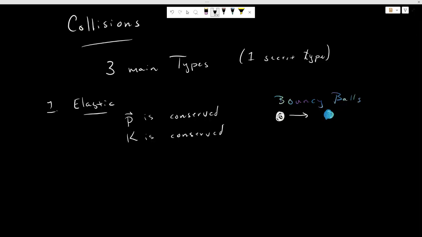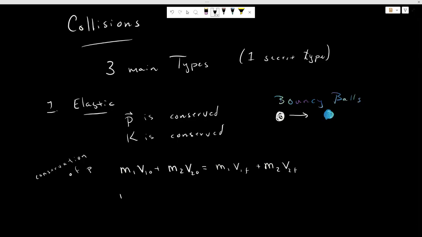So we actually get two equations: m1 v1 plus m2 v2, these would be initial, equals m1 v1 final plus m2 v2 final. This is conservation of momentum, right?